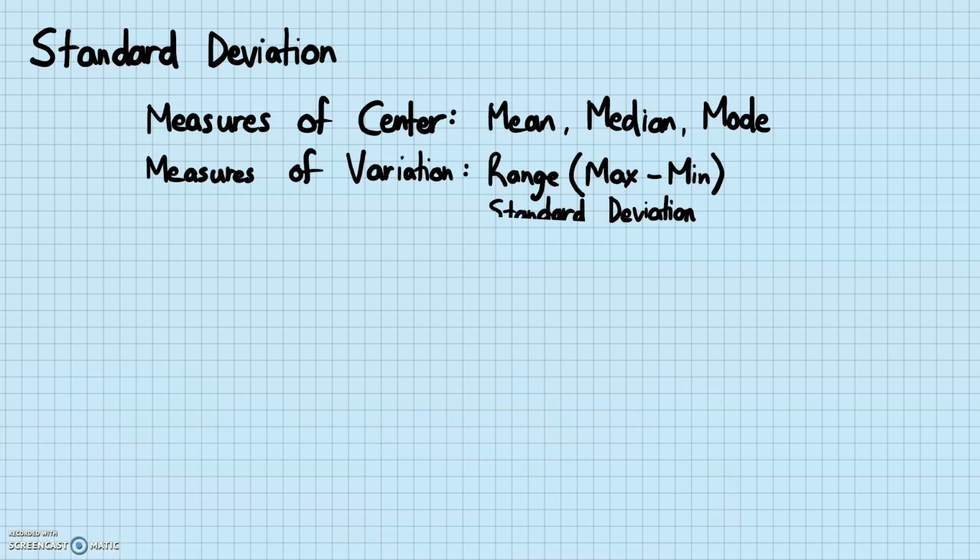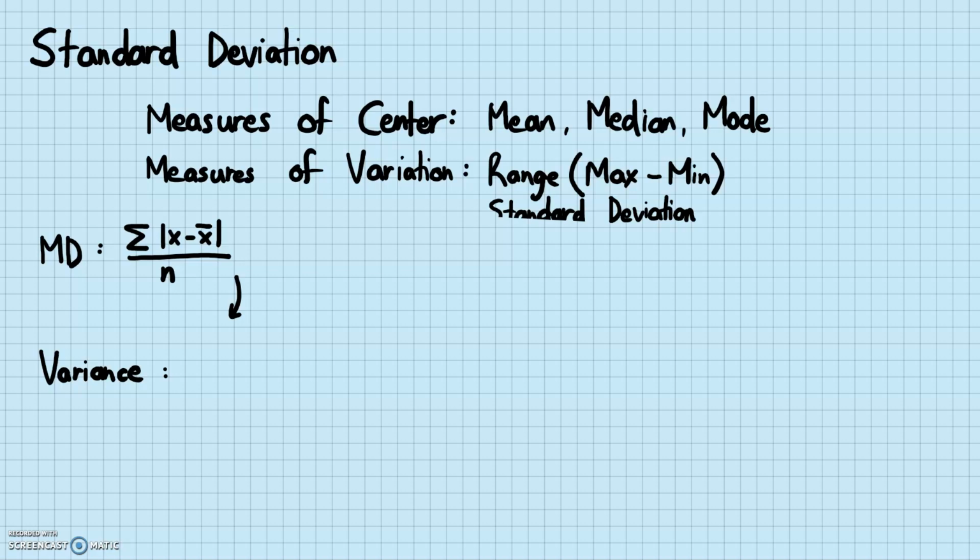So the mean deviation was this, and then this evolved into variance. Okay, mean deviation became variance. It became a more accurate way of measuring variation.